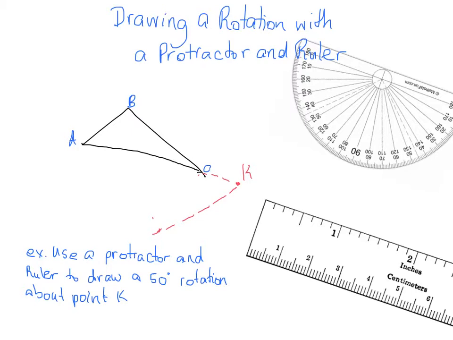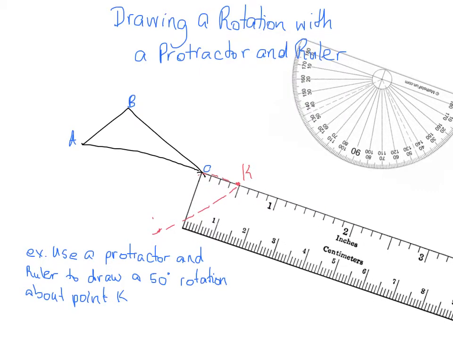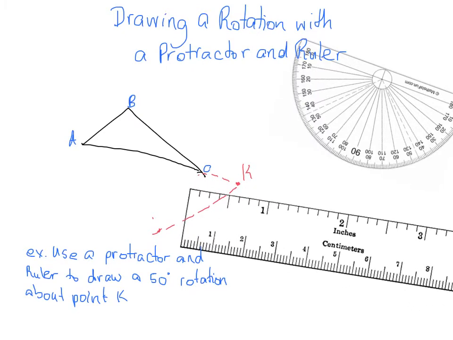Now, take the real ruler, well, I'll take my fake ruler, you take your real ruler, and we measure the distance from C to K. It looks about like half an inch, I would say. And here's the tricky part, because when I turn my ruler, it's going to change size. So I'm going to pretend like it's staying the same size. We're going to work our best at this here.